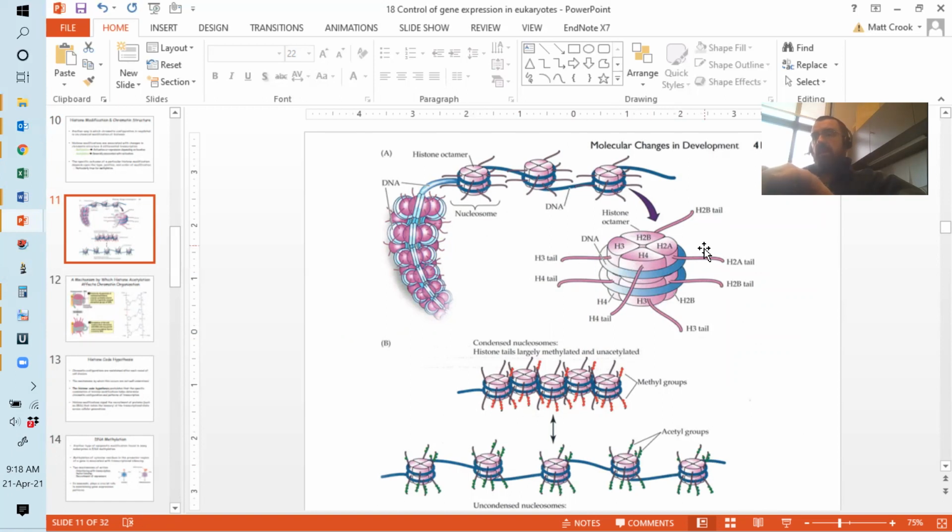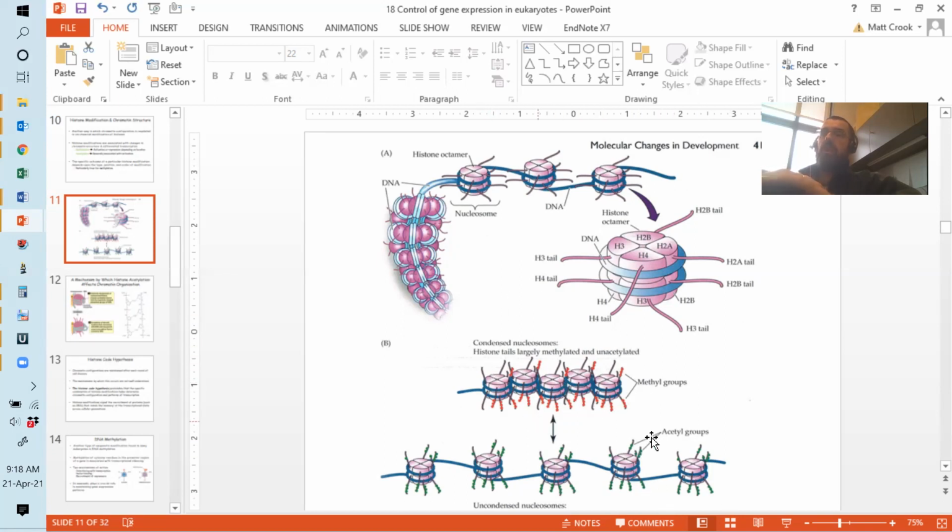Here's a bigger view of the nucleosome, right? So the previous time we showed this, we didn't really show these tails. So you have all of these tails sticking out. These are available for modification. And so essentially you can go between two different forms.